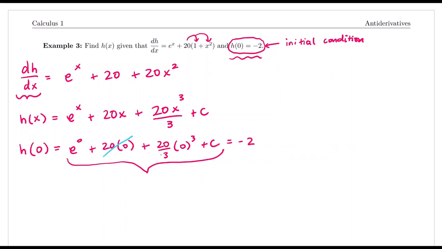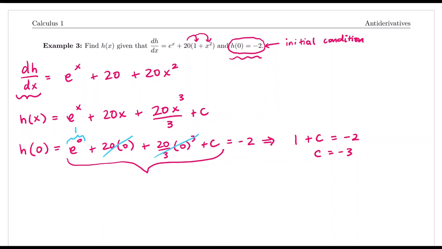This will become 0, this will become 0 as well, and then e to the power of 0 is equal to 1. So I have from this that 1 plus c is equal to -2, and if I solve for c, I get c is equal to -3.